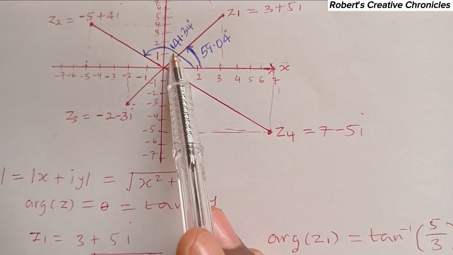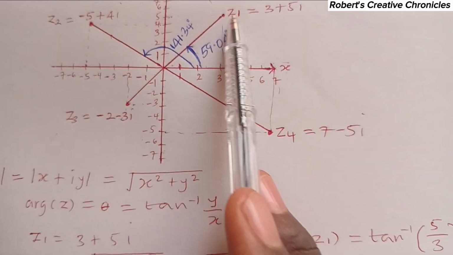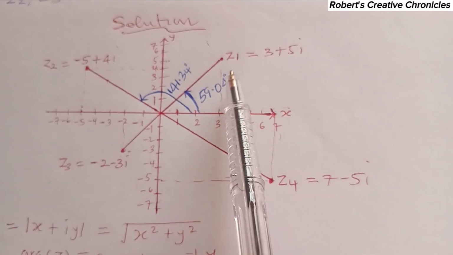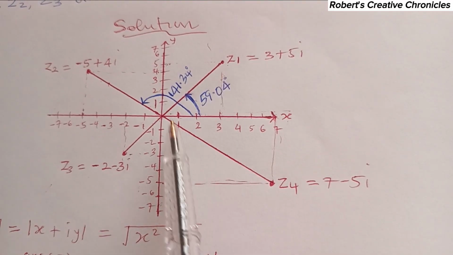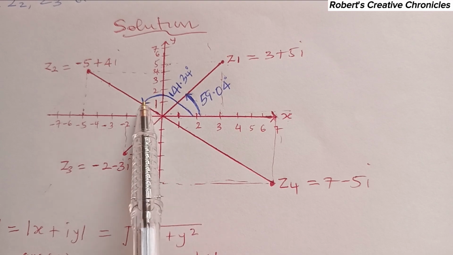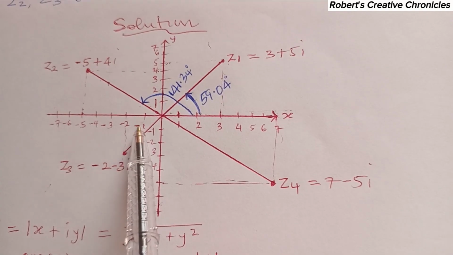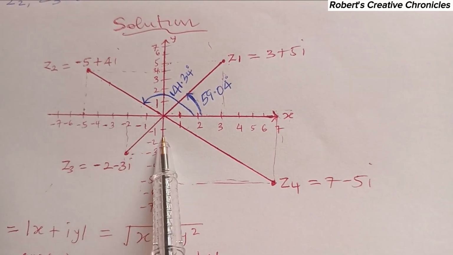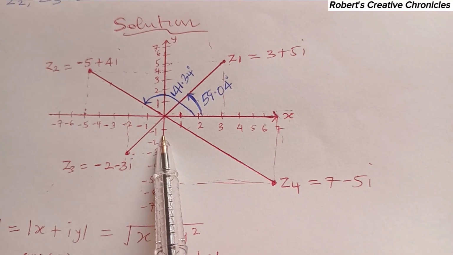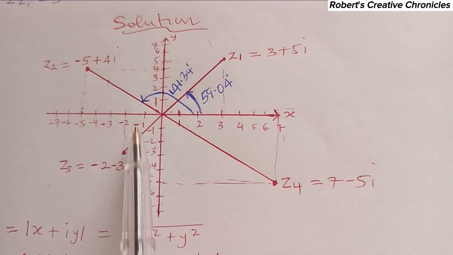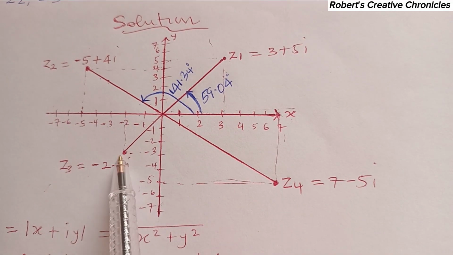So since it's positive and in the first quadrant, from this diagram you know that yes, it is actually 59, because 59 is less than 90 degrees and the point is here. Here you can see that it's obviously 141 because it is less than 180. So here must be greater than 180 but less than 270, because it's in the third quadrant.